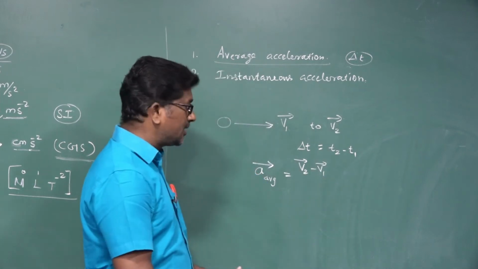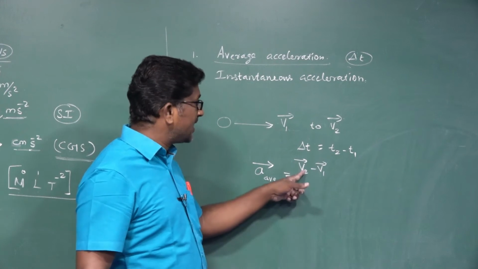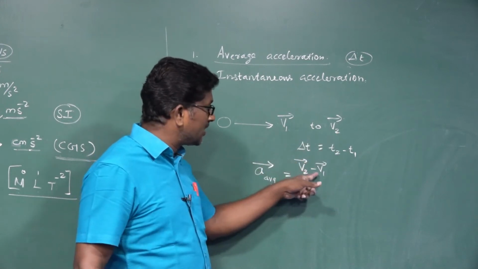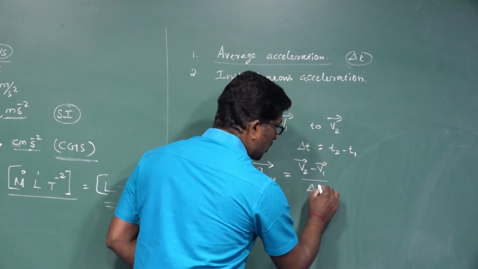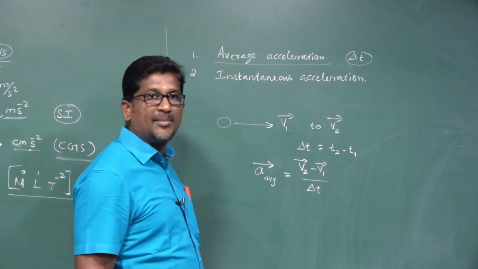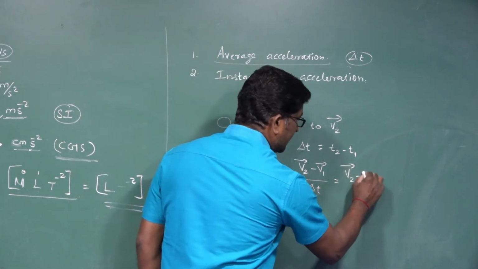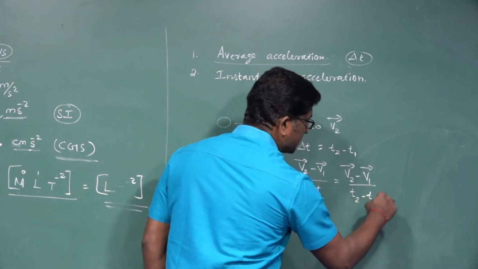What is change in velocity? Final velocity minus initial velocity is called change in velocity. Here the final velocity is v2 and the initial velocity is v1. So v2 vector minus v1 vector over the time interval del t, or v2 vector minus v1 vector divided by t2 minus t1.